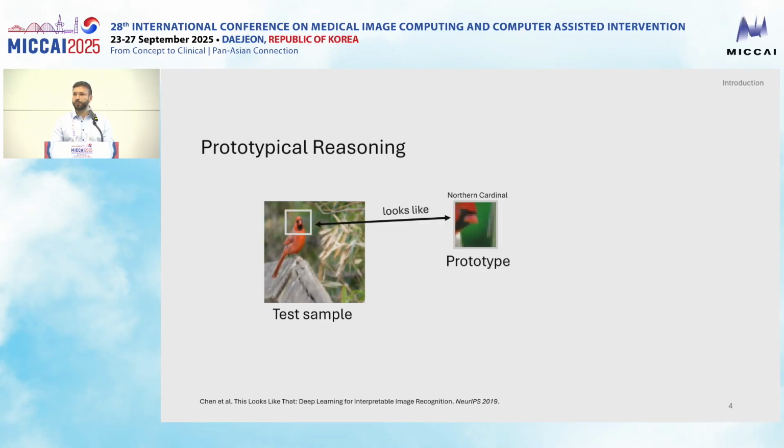Then a reasonable approach would be to compare our image to a labeled dictionary of bird images, and we can search for similarities, and then we might find the image of a northern cardinal bird, which also has this characteristic black mask and the red feathers. This gives us a very informed decision about our test sample. In this context, these reference images are usually called the prototypes, and we would get them in practice as a representative sample from our training set.